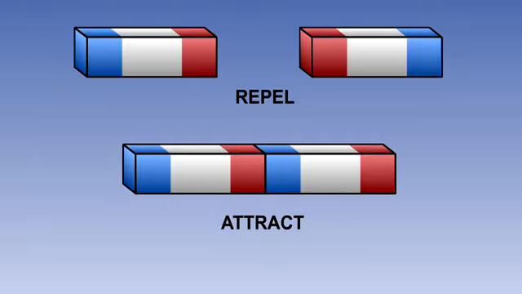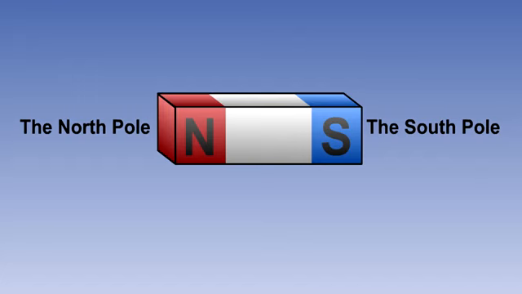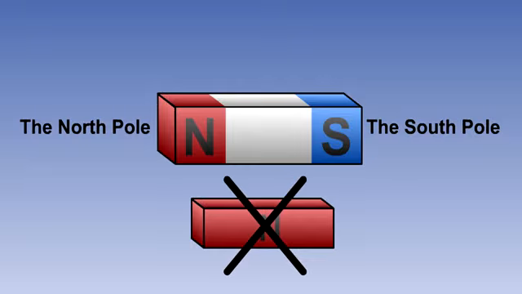We can explain this behavior by referring to the concept of magnetic polarity. When we talk about magnetic polarity, we are talking about the north and south poles of a magnet. All magnets possess a north pole and a south pole. You will never find a magnet that has a single pole.